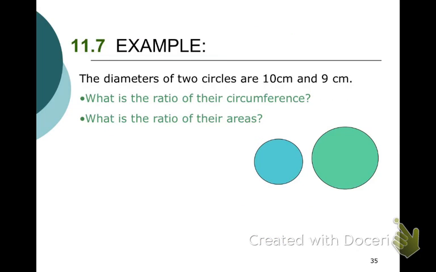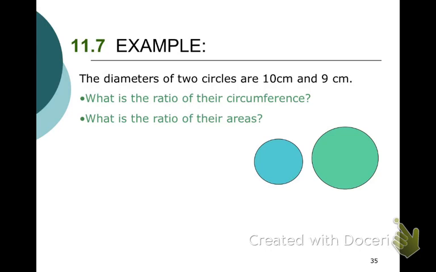All right. Diameters of two circles are 10 centimeters and 9 centimeters. What is the ratio of their circumference? It is 10 to 9.